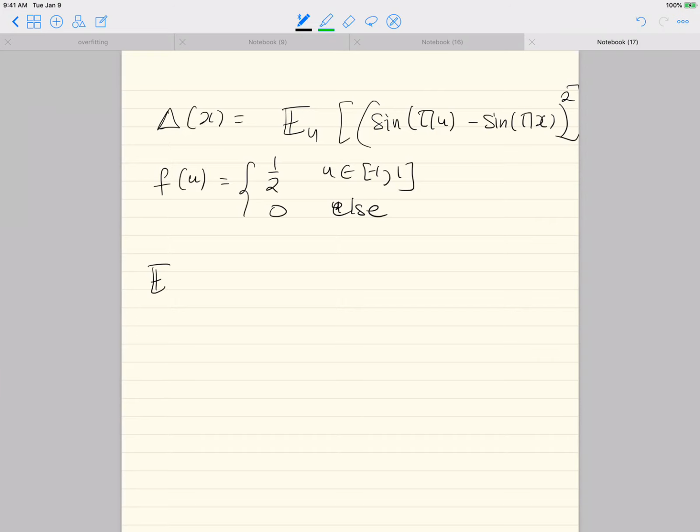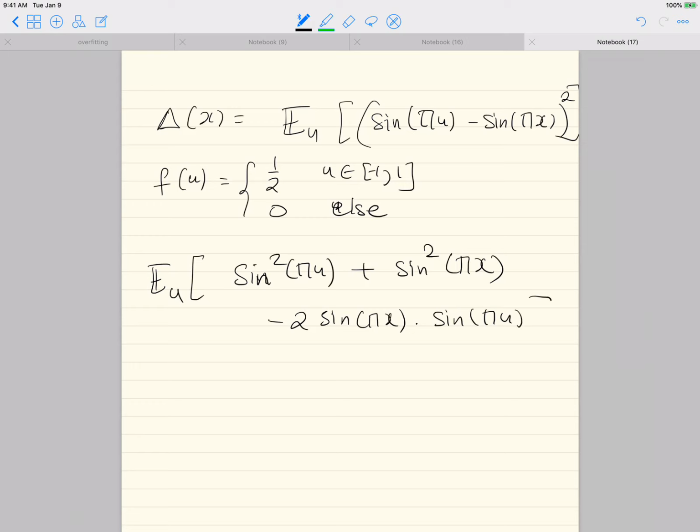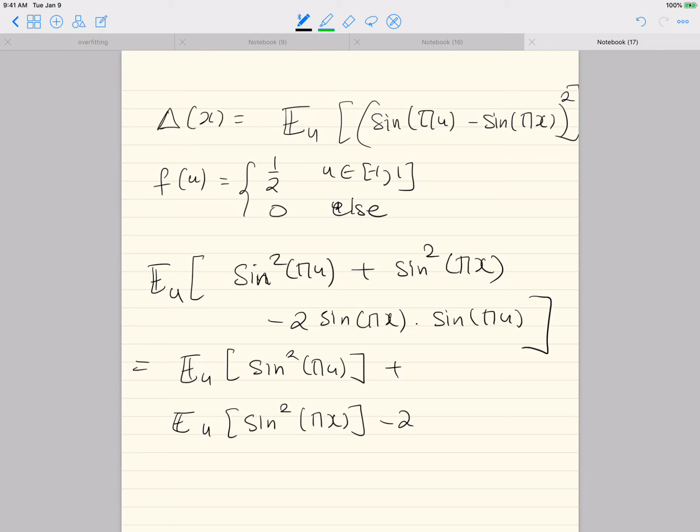I can expand that as sine square of pi U plus sine square of pi X minus 2 sine pi X sine of pi U. So this is expected value over U of sine square pi U, plus expected value over U of sine square pi X, minus 2 expected value over U of sine pi X sine of pi U. I'm breaking up the expectation term by term.